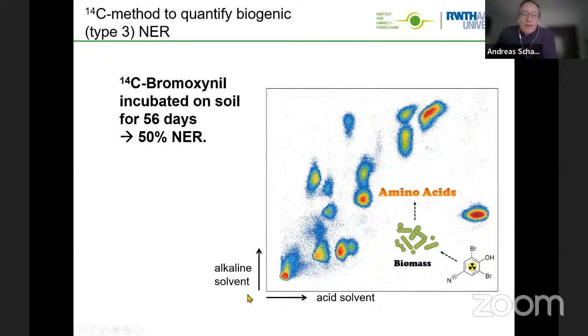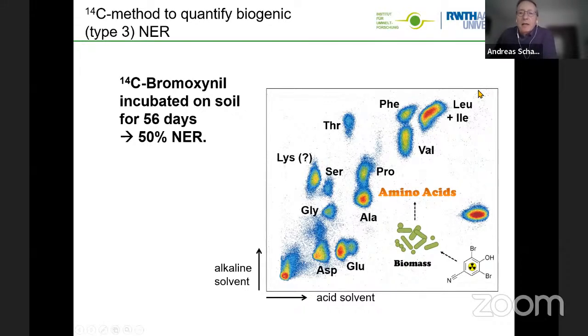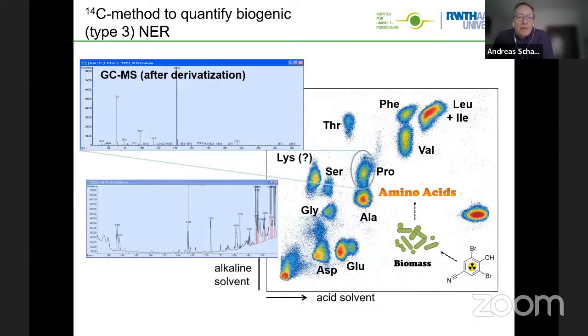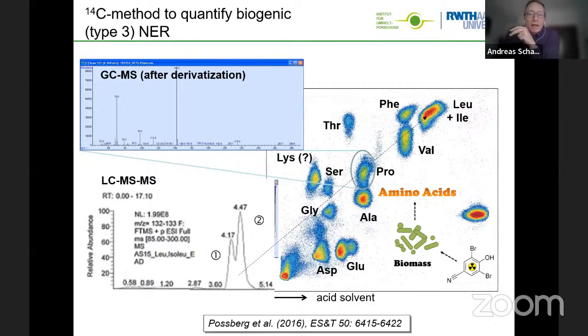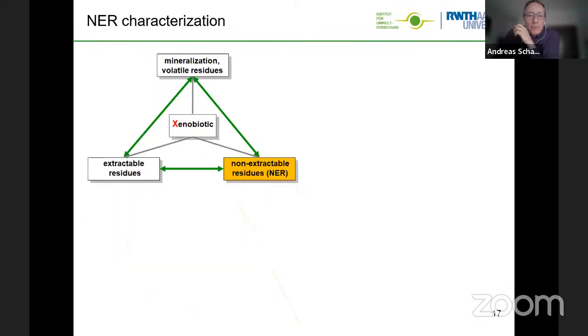And by using two-dimensional thin layer chromatography, you see that here amino acids are formed, and we identified these amino acids like leucine, isoleucine, phenylalanine, valine, proline, threonine, serine, and so on. We analyzed these residues by GC-MS or LC-MS. So this is the third type of NER. 3 types: 1 sequestered, 2 covalently bound, and 3 type 3. And this has also been published, of course.